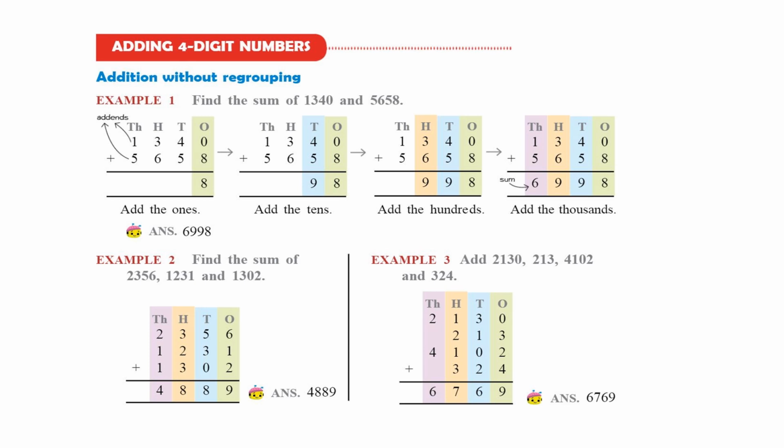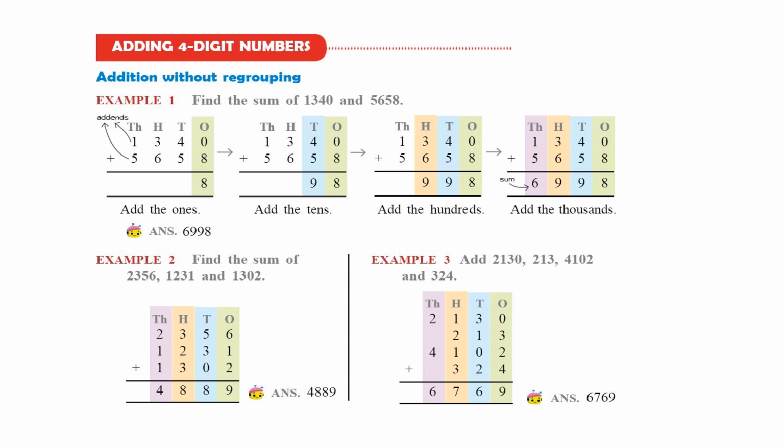Now we move on to thousands place. There are 3 numbers, 1, 1 and 2. First add 1 plus 1, which is 2. With 2 you have to add 2. So 2 plus 2 is 4. So the answer is 4889. Yes, always when you add or subtract, you have to start from ones place only.